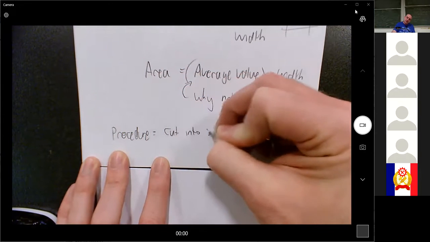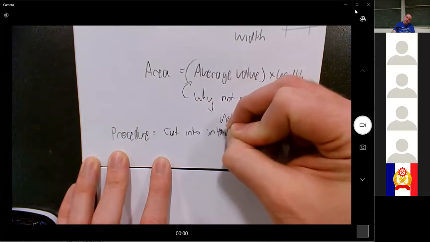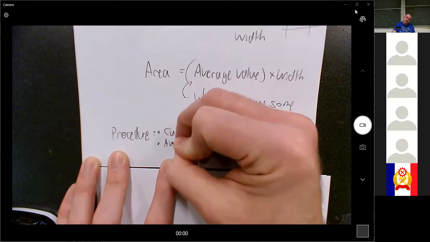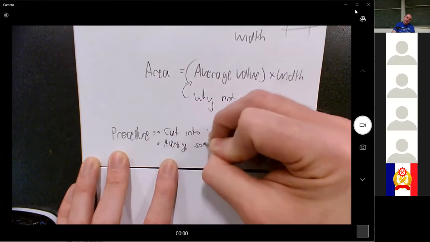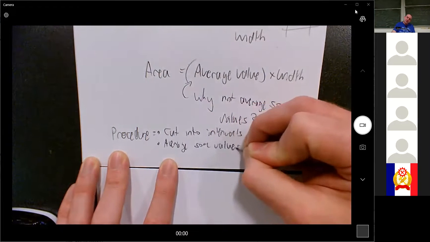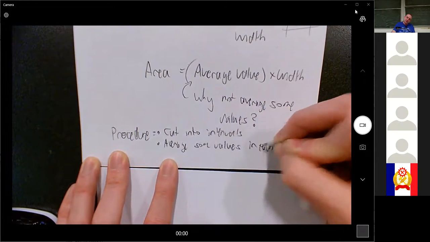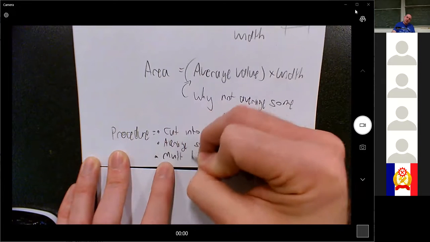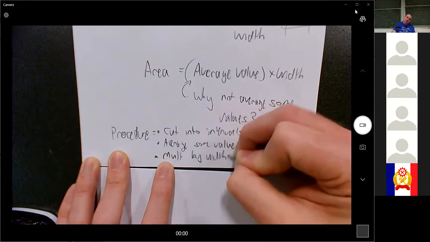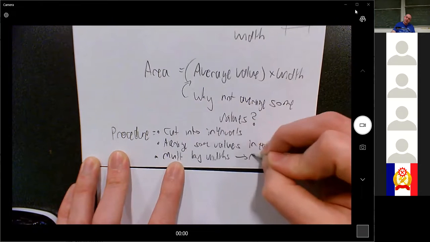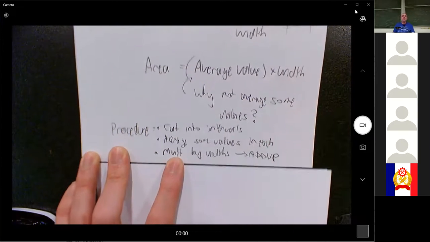Cut into intervals. Average some values in each, and multiply by the widths, and then add them up. And that should be my overall integral.